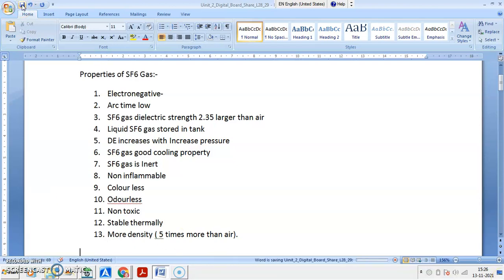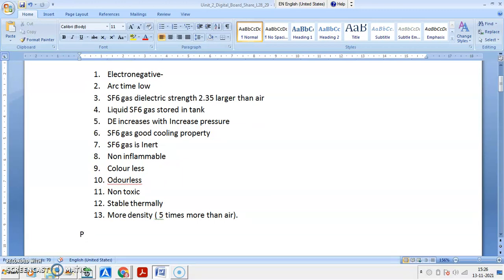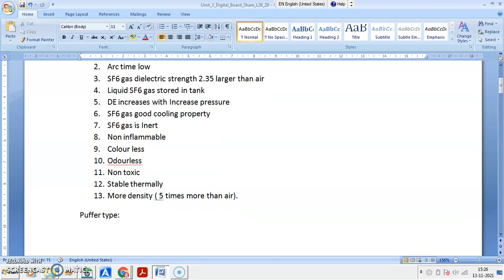That is why SF6 gas is used inside the circuit breaker. And there are different types of SF6 gas circuit breakers. Number 1, the buffer type circuit breaker. Why is it called a buffer type?